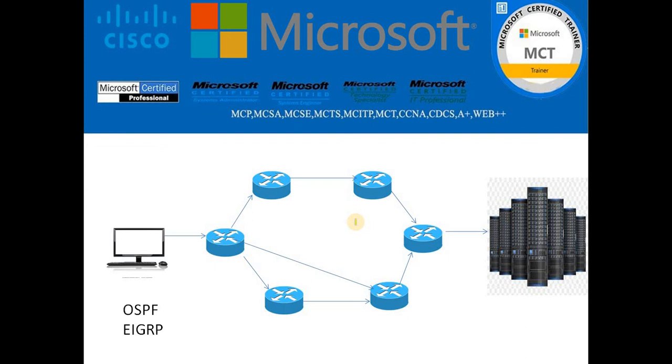Software-defined networking, how it works. Let's start from this figure. If this is the source computer trying to reach a web server, which might be located somewhere in some corner of the world, the first request coming out of this PC or workstation will definitely go to the router.